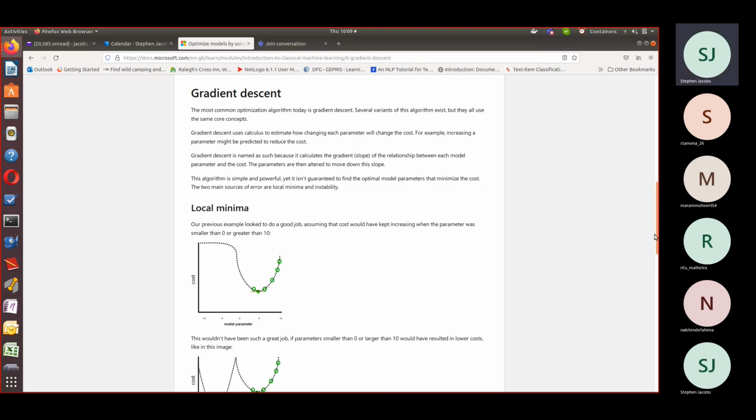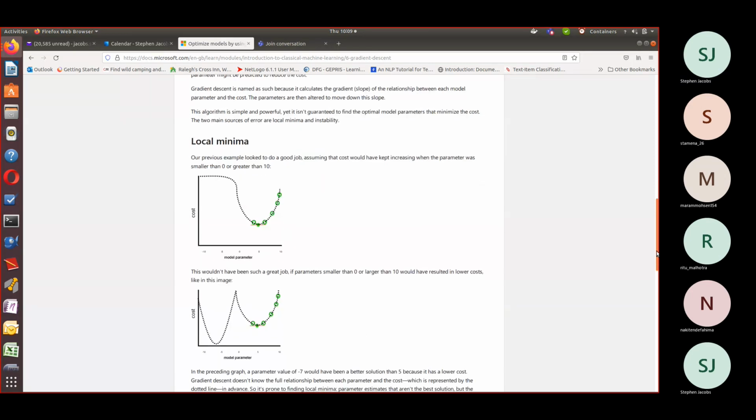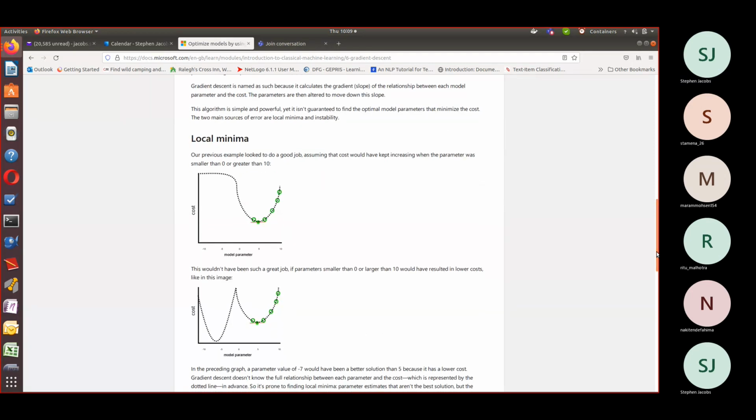Well, it does talk about local minimum. You can see that red line there on the local minimum. That means that you've minimized the cost, and it finds then the model parameter that actually minimized the cost.